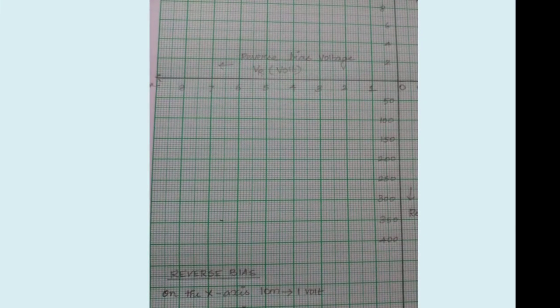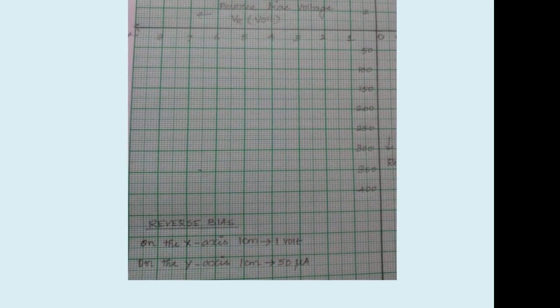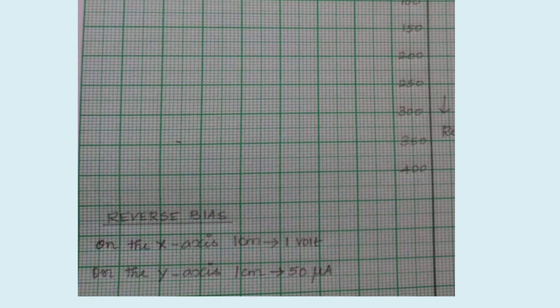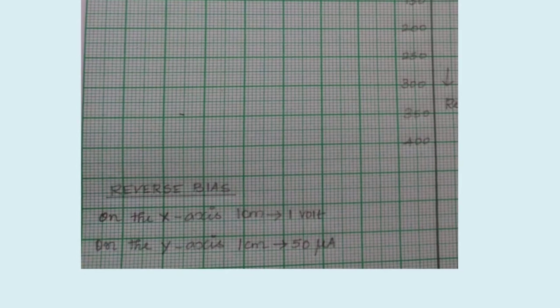See, in the next graph, we could see the reverse bias voltage VR is in volts, and along the y-axis it is reverse bias current in microamperes. The appropriate scale for our set of readings on the x-axis is 1 centimeter is 1 volt, since we have increased the reverse bias voltage in steps of 1 volt.